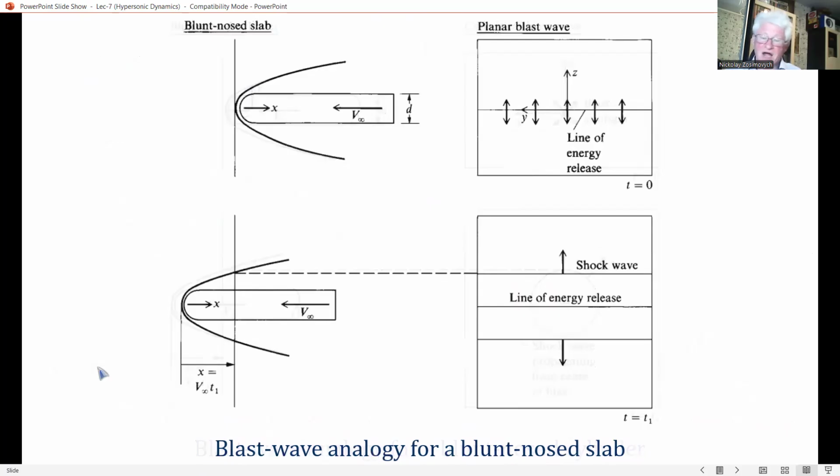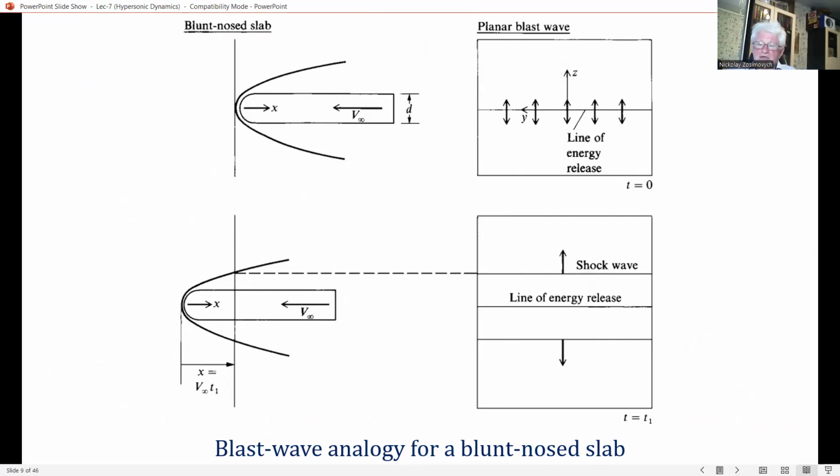Blast wave results are also used to estimate the pressure distribution on two-dimensional slabs with blunt leading edges in hypersonic flow. Such a body is sketched on the left of this figure.